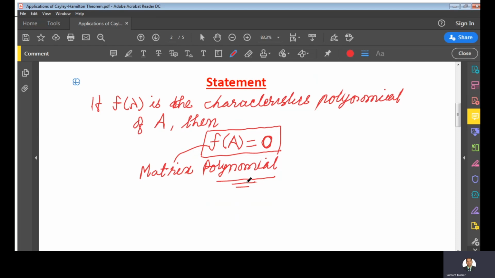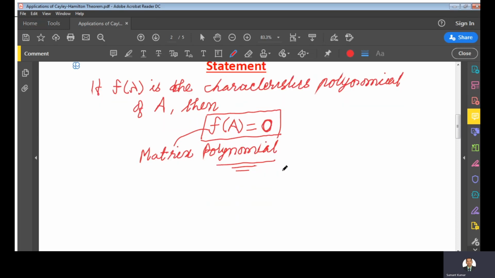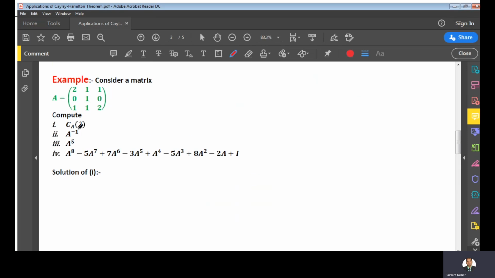So let us take one example. We are considering a matrix, and this is a square matrix of order 3 by 3. Through this example, we will apply the Cayley-Hamilton theorem to find some important results.